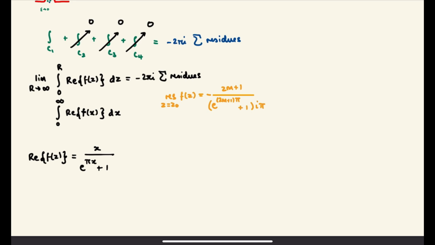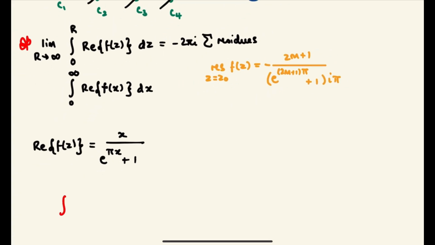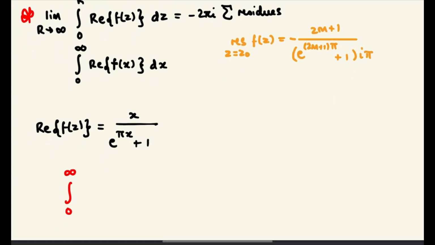Now, if I substitute everything back into this, we have the integral from 0 to infinity of the real component of f of z, which is just x divided by e to the pi x plus 1, from before, dx, which is equal to minus 2 pi i times the sum of all the residues.